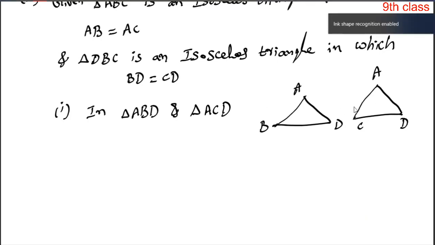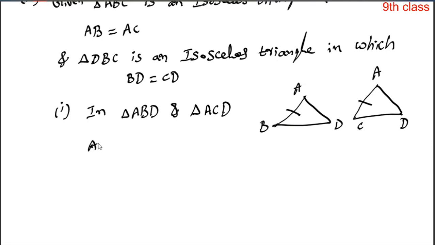Observe these two triangles. First, AB is equal to AC. Since triangle ABC is an isosceles triangle, AB is equal to AC. This is the given condition.